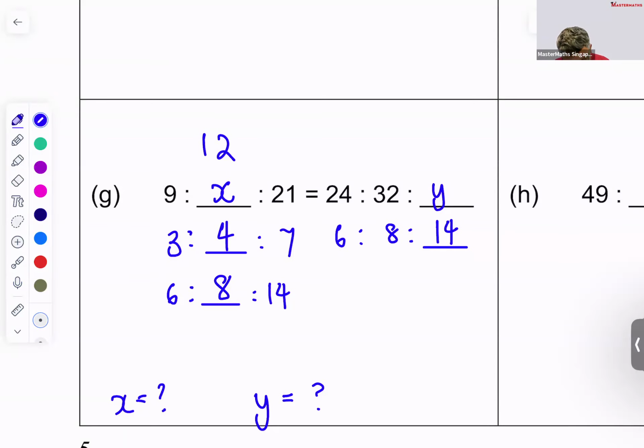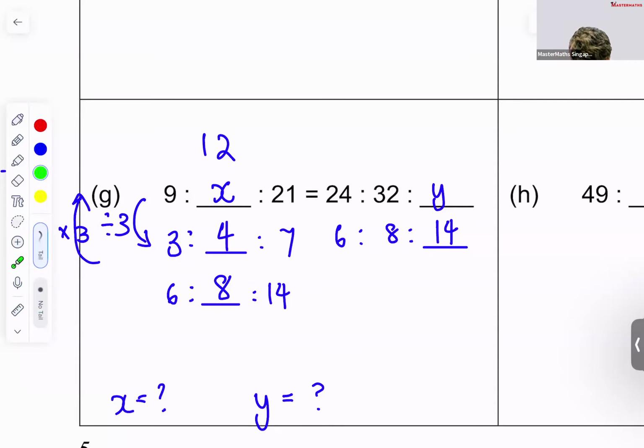We reverse. If I were to divide by 3 this way, if I go up, it's times 3. Right? From 9 to 3, I divide by 3. From 3 to 9, I times 3. So let me repeat. From here, I have a 9.